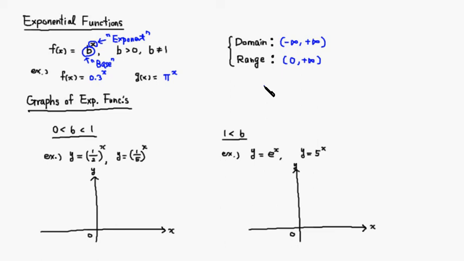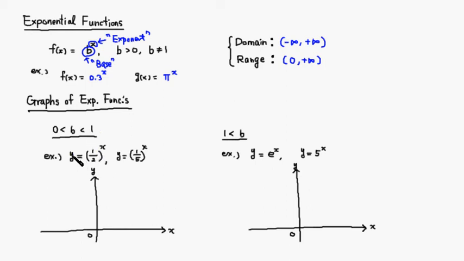Let's look at the graphs of exponential functions. There are basically two cases based on the base: the base is between 0 and 1, or the base is bigger than 1. Let's look at a couple of examples where the base is between 0 and 1.